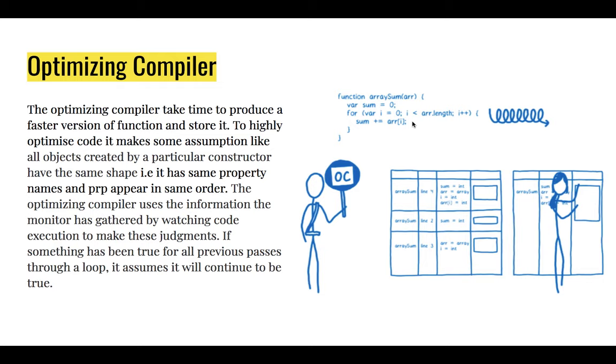The optimizing compiler is kicked in after the baseline compiler if the monitor saw that the code was too hot, meaning there were, suppose, 100 iterations.